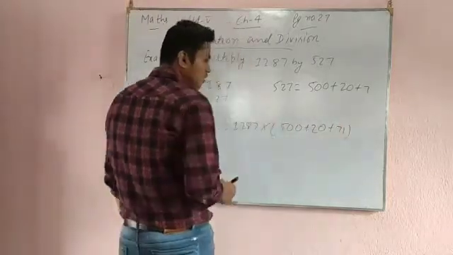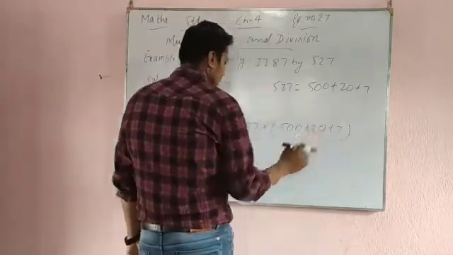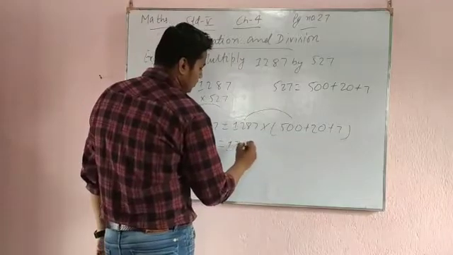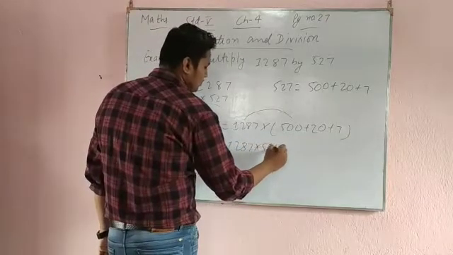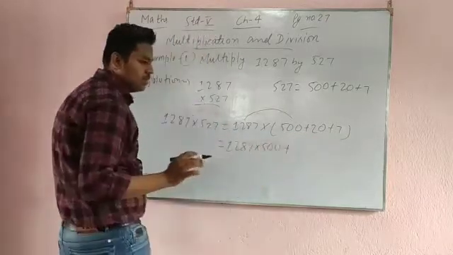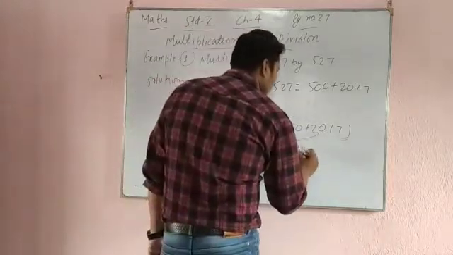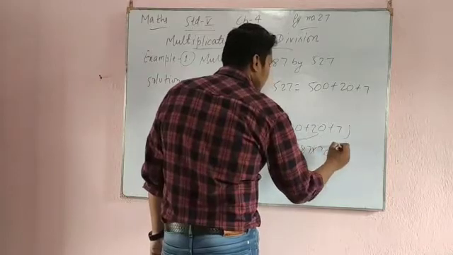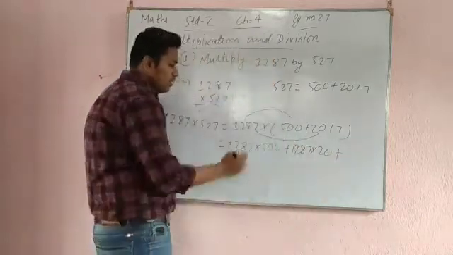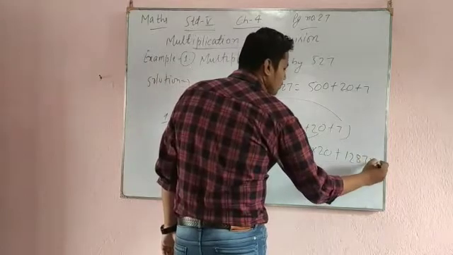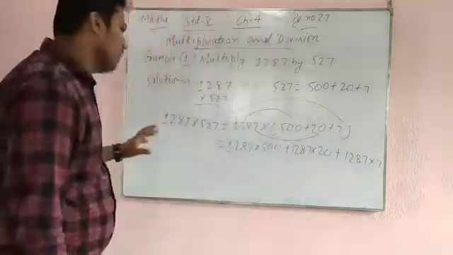Now this 1287 first multiply with 500. Plus is there, so give a plus sign. Next, 1287 into 20. Plus sign is there, so give a plus sign. Now 1287 into 7. You can use two methods.